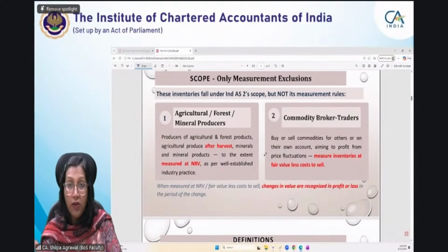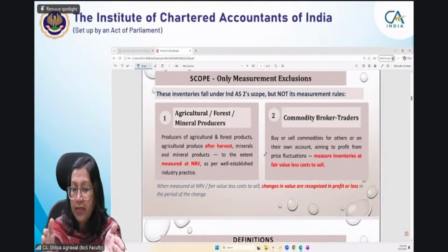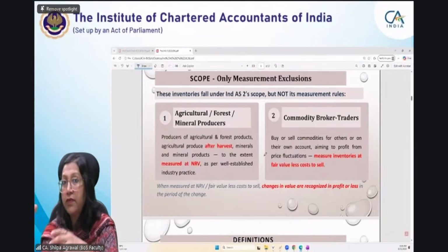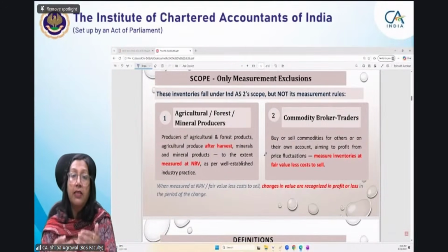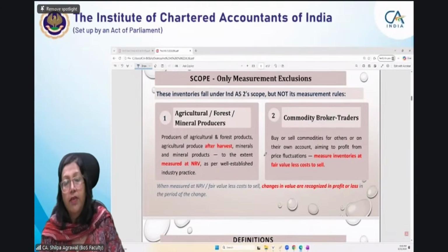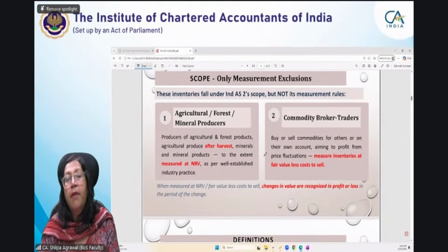But right now, let's come back to Ind AS 2. We are not talking about the asset. We are talking about the produce which we are getting from these biological assets. However, a plant sometimes is an asset and it becomes inventory also when it is harvested. Sometimes some plants become a long-term asset, and its products become our inventory.